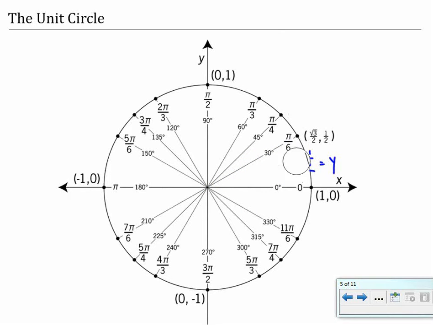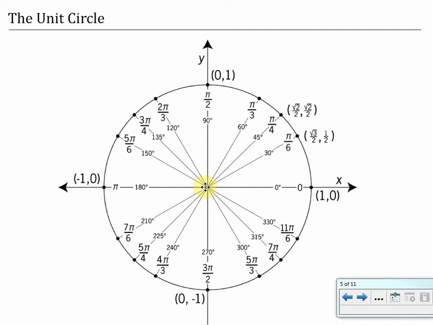I can do the same thing for all of the other points using special right triangles. If I draw my height here, this gives me a 45, 45, 90 at pi over 4, or 45 degrees. I know my radius is 1, which makes the legs radical 2 over 2. So that is my point here at pi over 4.